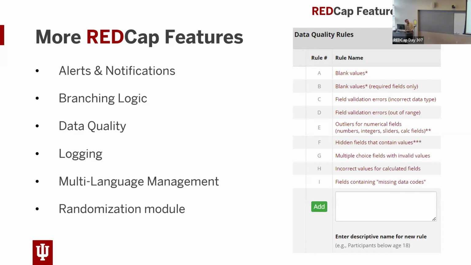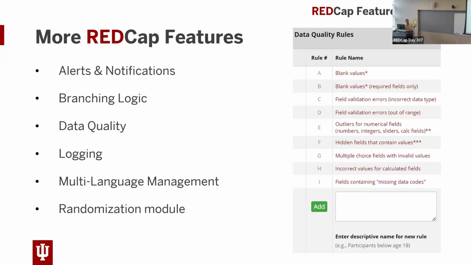But there's all these features: alerts and notifications, branching logic, which is display logic or skip logic, data quality, which you can see on the right there. That's the data quality rules application. And a logging application to have an audit trail.